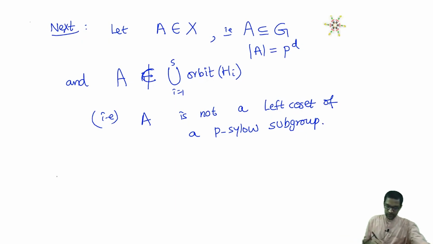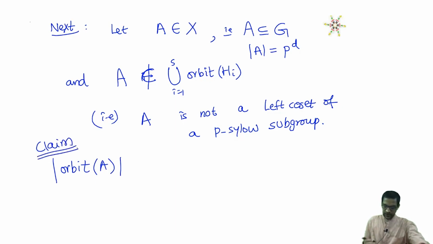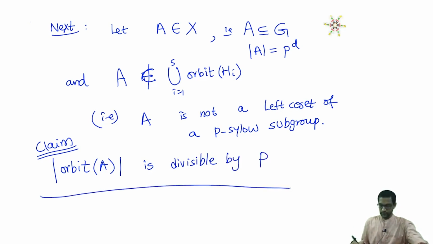Now under this assumption, I want to ask, what can I say about the cardinality of the orbit of A? Here's my claim, an important observation: for all such A, the cardinality of the orbit is divisible by p. Observe, this does not hold for the other nice orbits that we have already looked at.